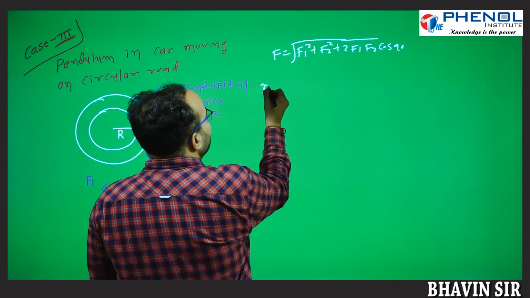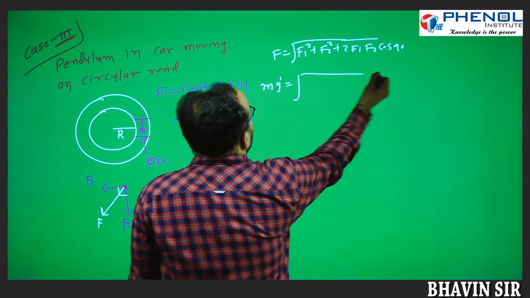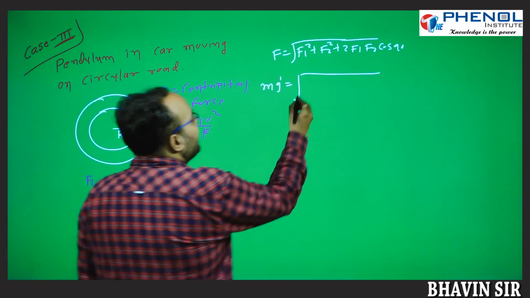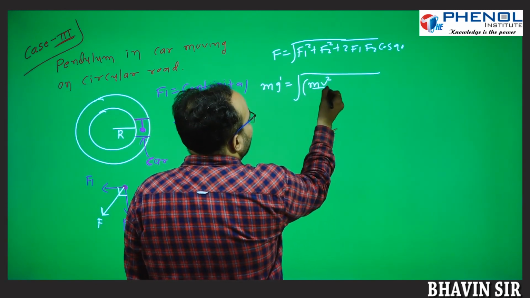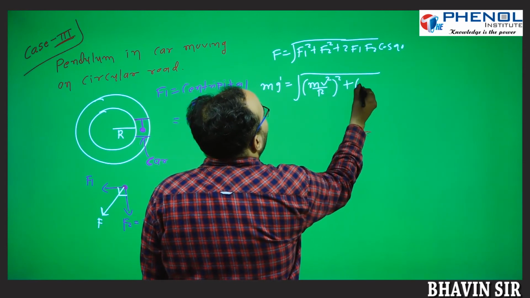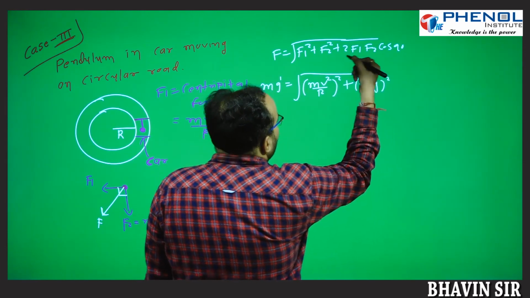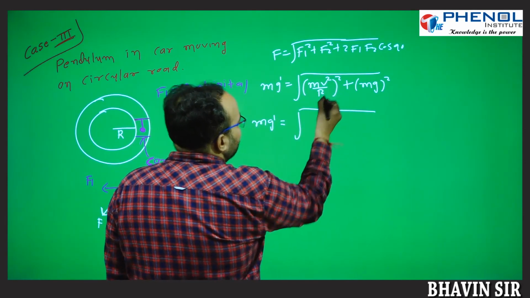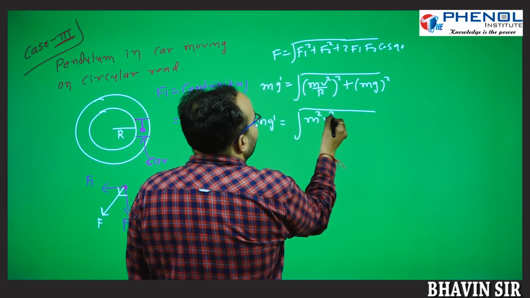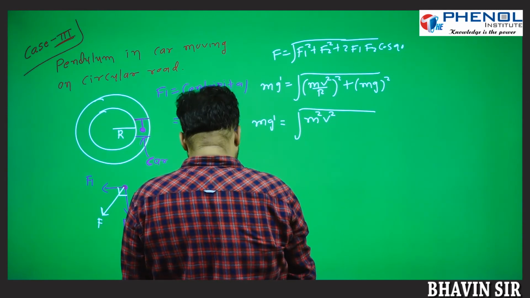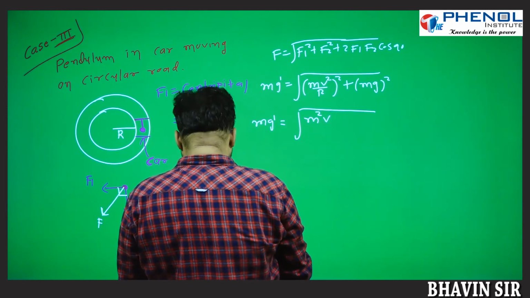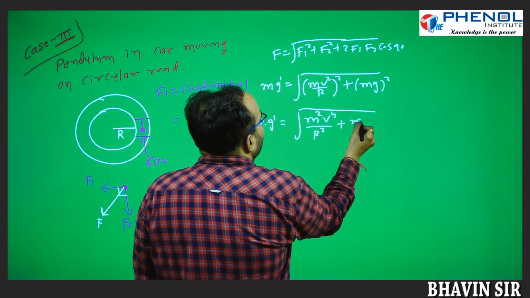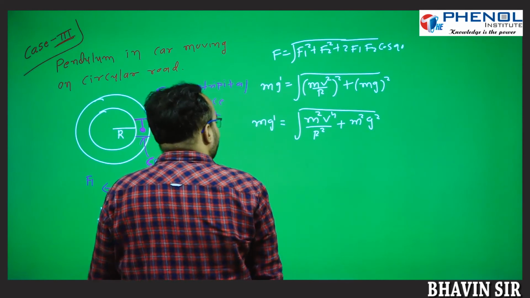The resultant force is mg dash, cos 90 is 0. What is F1? mv square by r, but squared. F2 is mg. Now squared, so m square v raised to 4 upon r square plus m square g square.